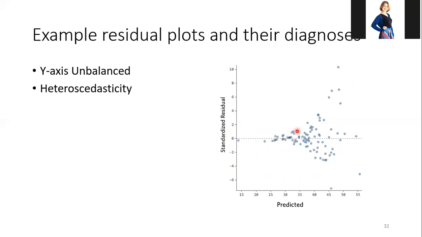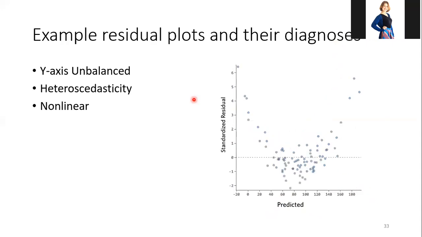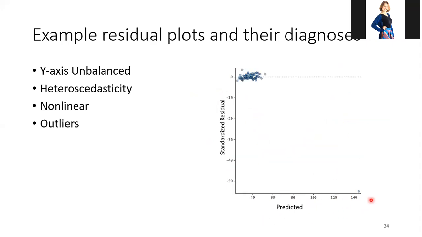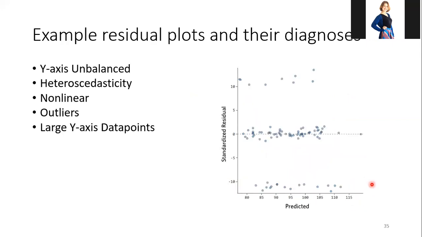So in the beginning you have low variance, and this variance increases with the x value. It's bad. Non-linear relationship between residuals and x. It's also about pattern. Outliers: large y-axis data points. Here you see that you have data points that are close to 10. It's really bad.